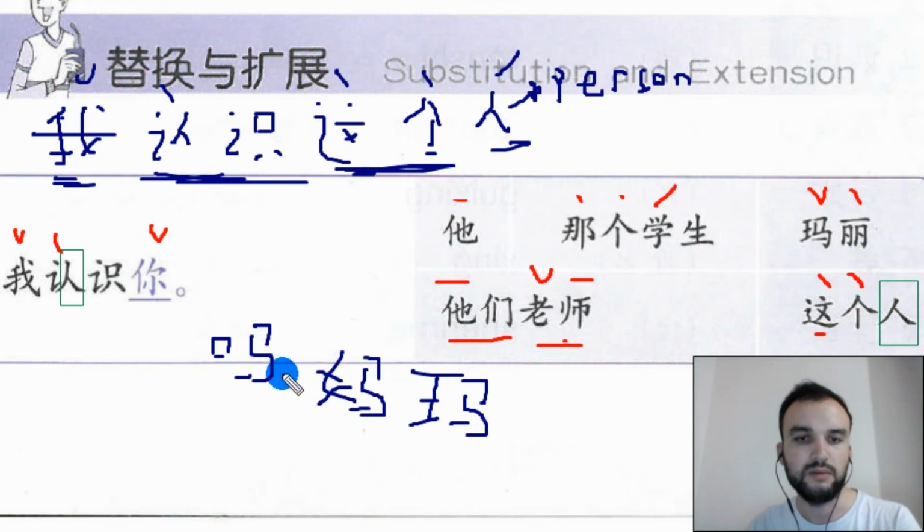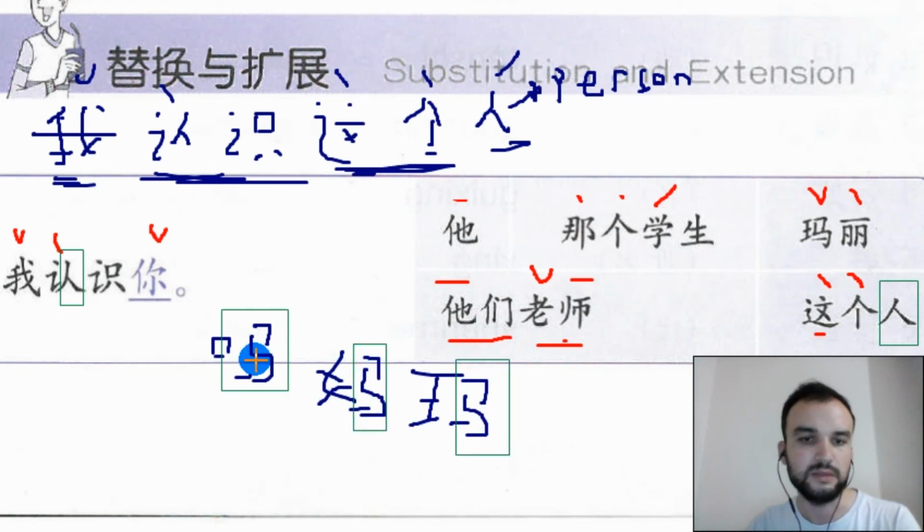All of them are ma. And their last part is the same. And this part makes the character read like ma. And it's also the same. 人 is the right part, ren. So it makes the character read like ren. Okay, but there are exceptions, of course.